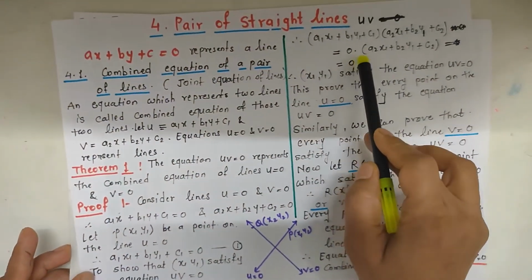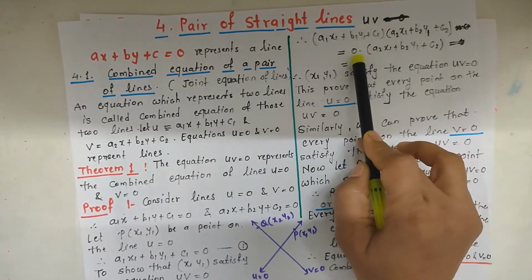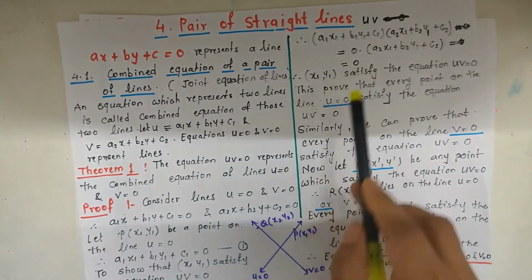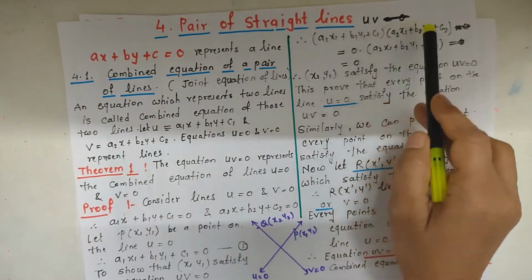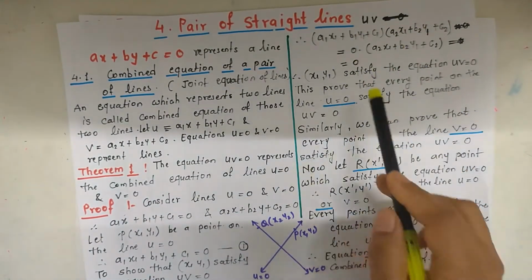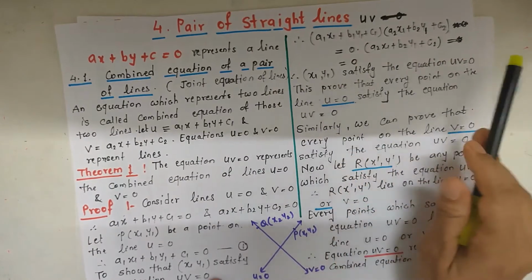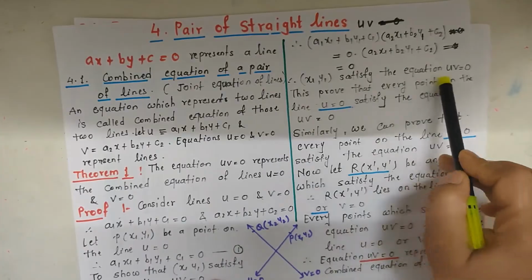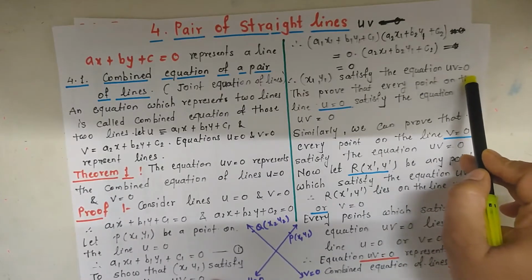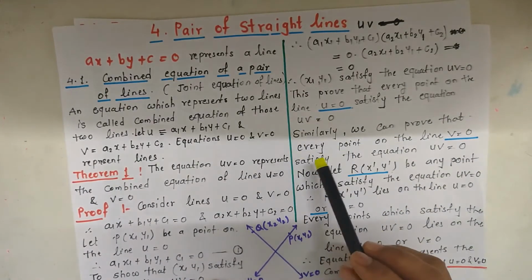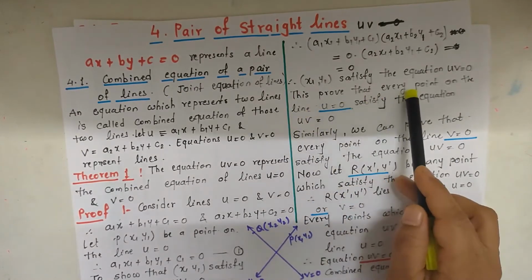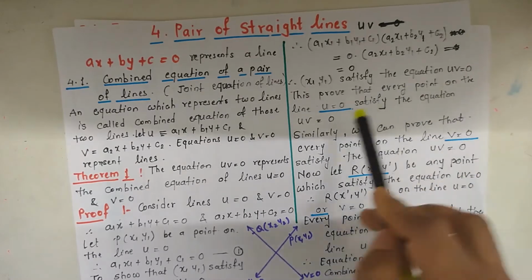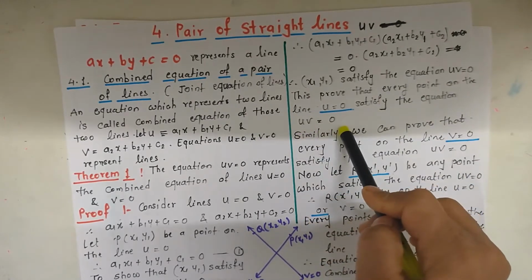So by substituting the value 0 of this equation into the product, we get 0. In this way we get u into v = 0. This proves that the coordinates of point P(x1, y1) also satisfy the equation u into v = 0. So we can say that every point on the line u = 0 satisfies the combined equation u into v = 0.